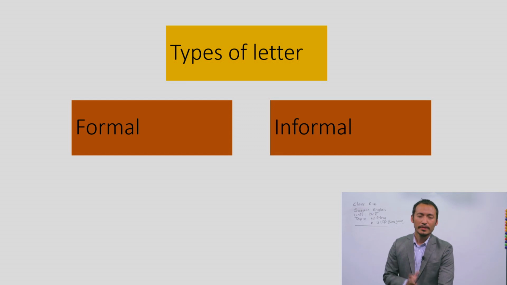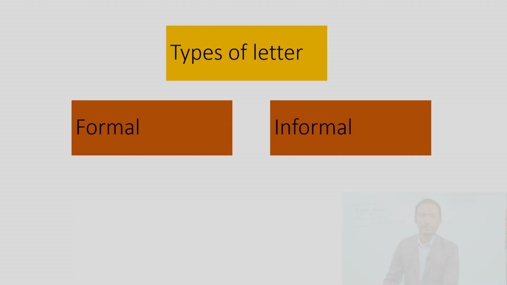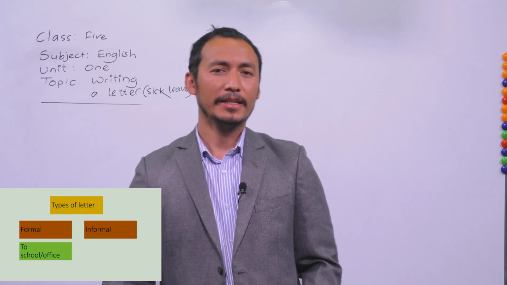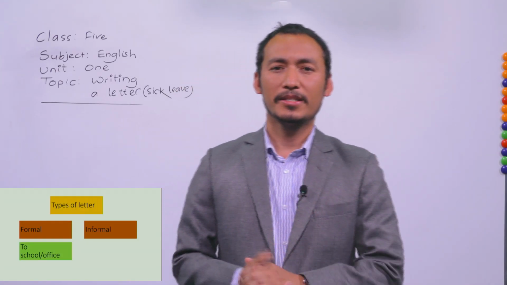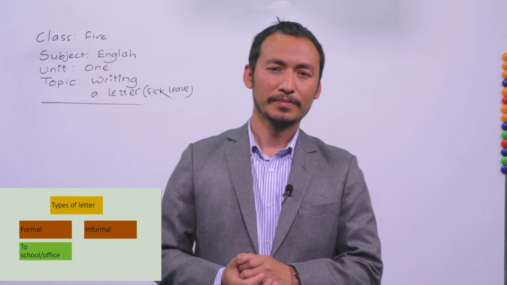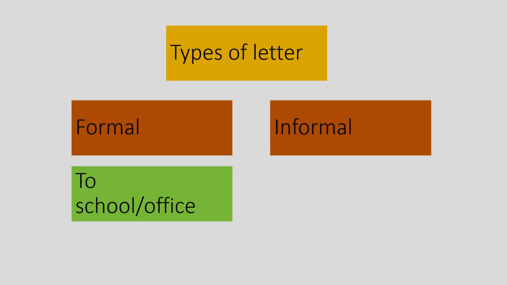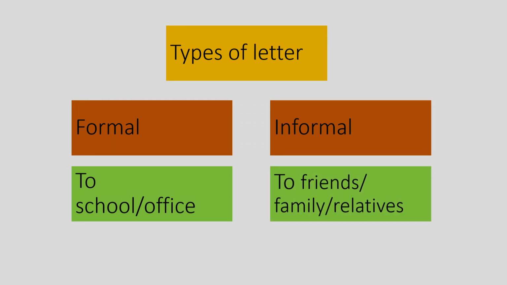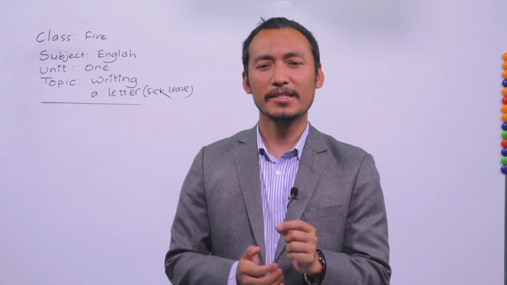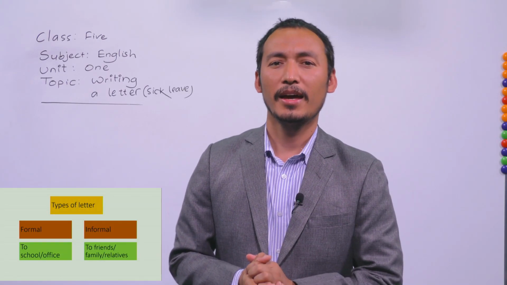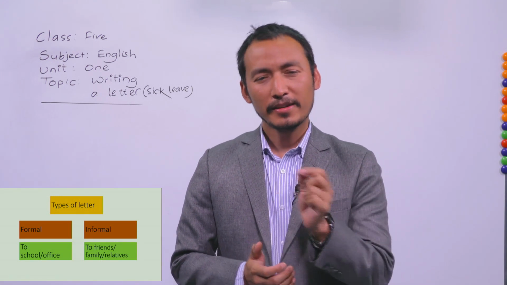Okay, what do you understand by a formal letter? Can you guess? Yes, it's those letters that you write to your school or some other offices. All right? And informal letters means the letters which you send to your friends, to your family and relatives. Are you clear now, students?